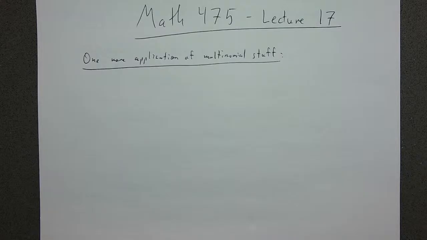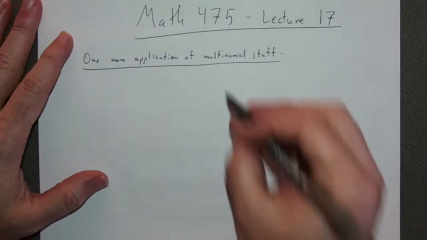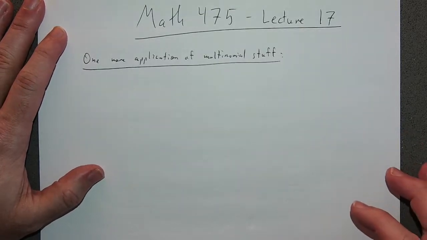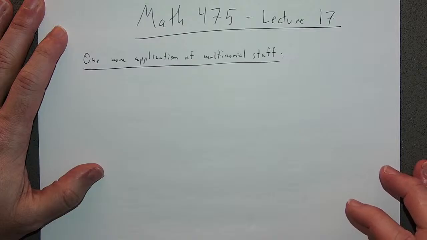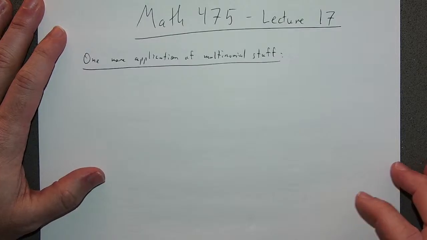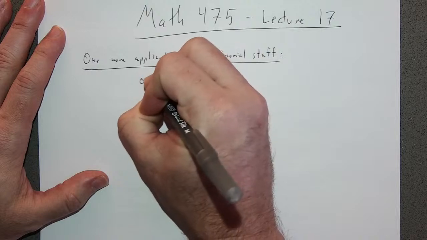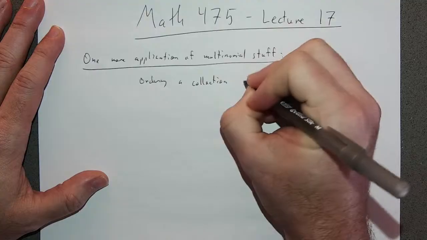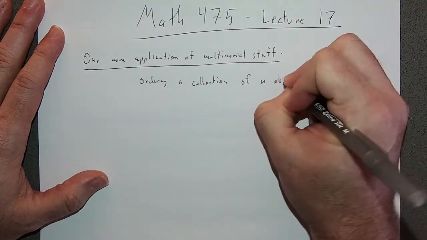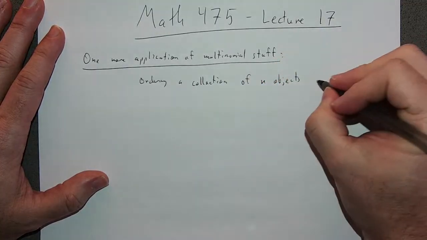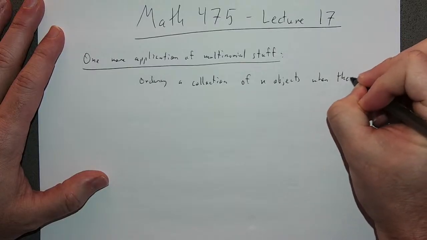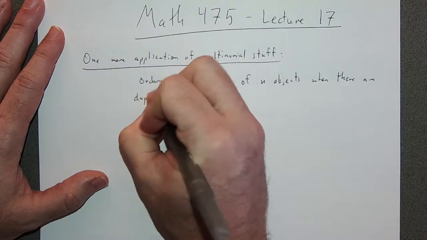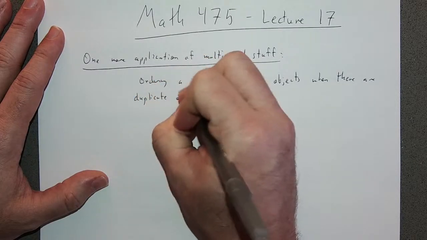So what is the idea here if we talk about ordering a collection of n objects where the objects are not all distinct? So ordering a collection of n objects when there are duplicate objects.